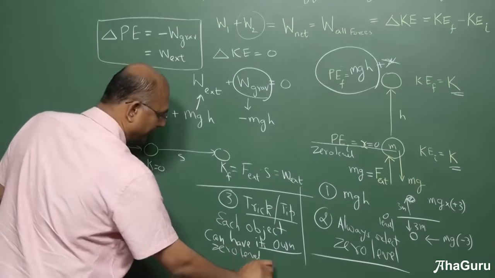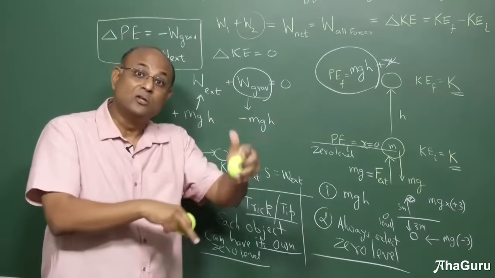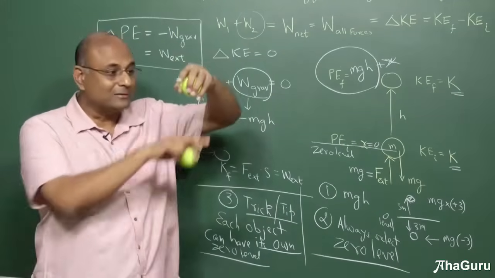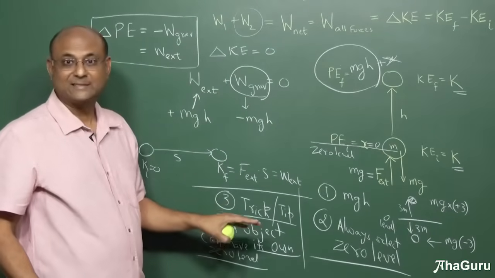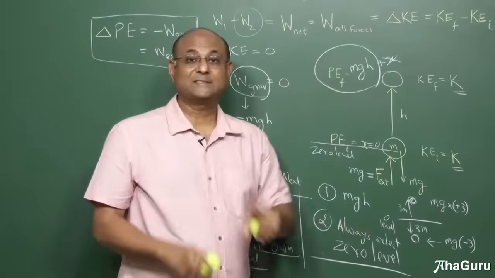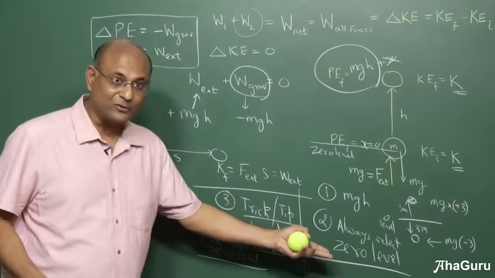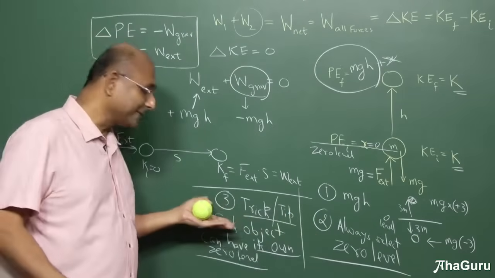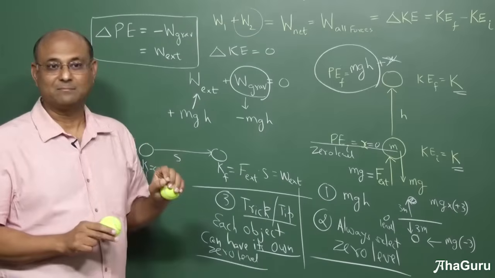But keep in mind, in the beginning of the question, if you said this is zero level for this fellow, throughout the question it may go up and down, that zero level cannot be changed. This is not safe. It's a nice shortcut. That is safe. Select one zero level for everybody is safe. In schools, mostly they'll expect that that's what you will do. In fact, many people think this is wrong, but it's not wrong. You can select for each object its own zero level.